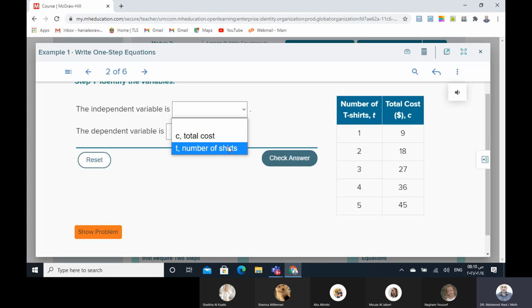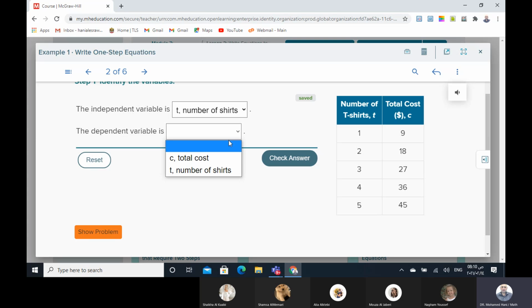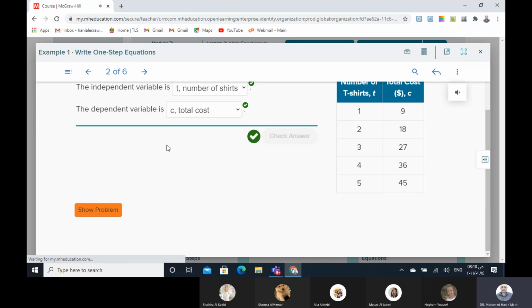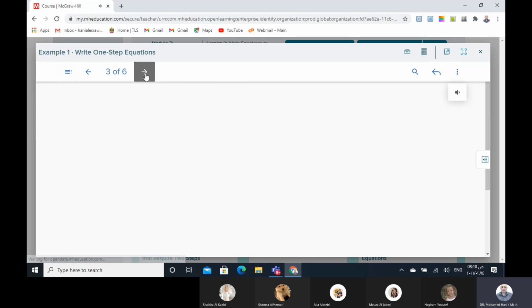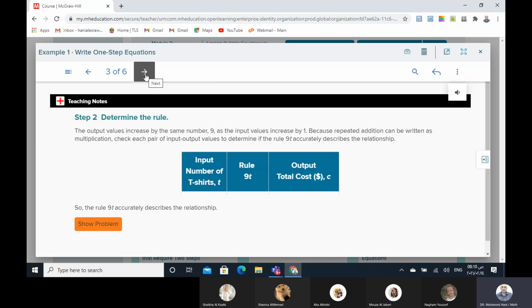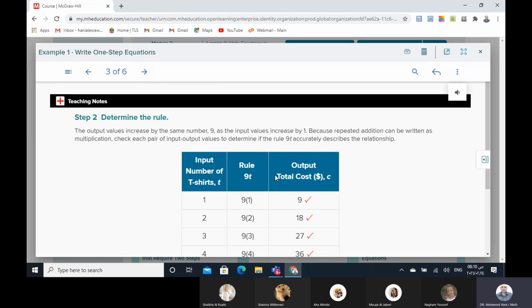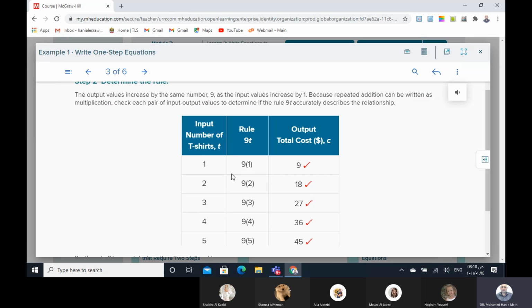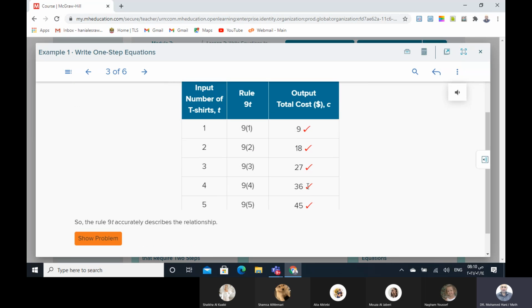T. So the dependent variable is C. So as you see here, this is the rule. 1 times 9 is 9, 2 times 9 is 18, 3 times 9 is 27, 4 times 9 is 36, 5 times 9 is 45.